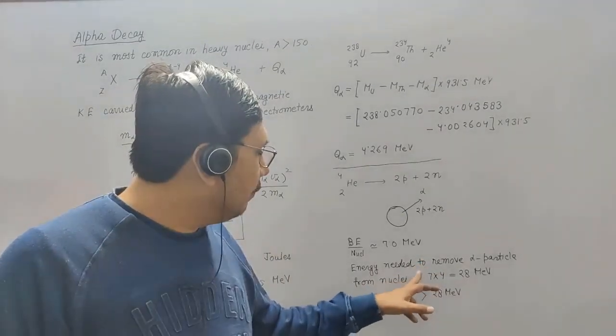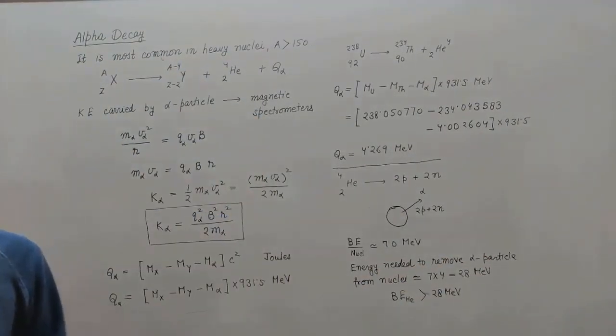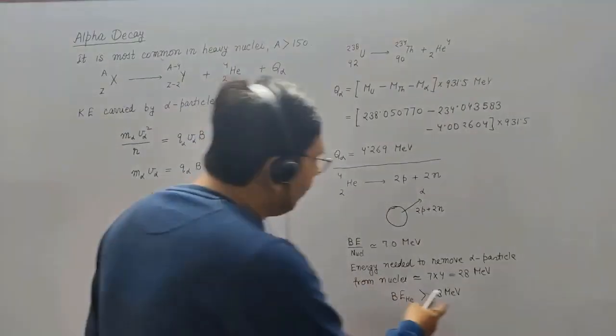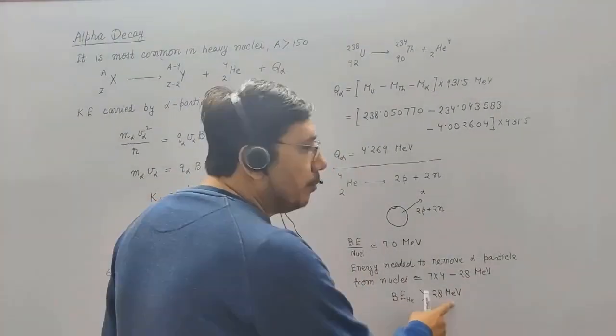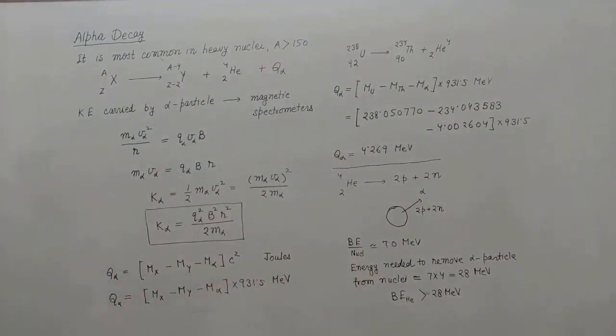So the energy for the removal of these 4 nucleons, or the alpha particle, from the nuclei will be provided when this alpha nuclei is formed. Due to this reason, alpha decay is one of the common modes by which nuclei in the excited state can lose their energy.